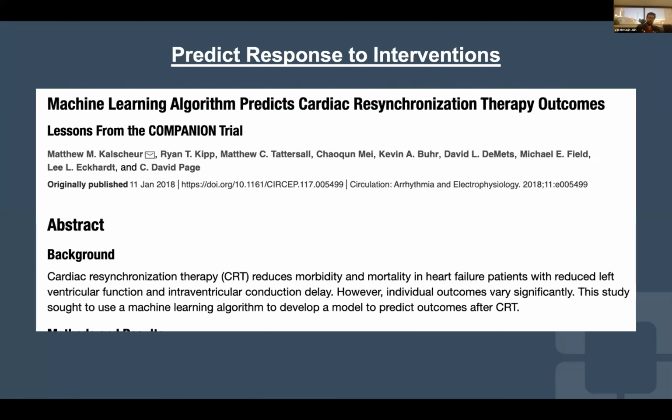Another really interesting thing is how to see whether somebody is going to respond to a therapy or not based on risk factors. Many times we offer therapies to patients just based on guidelines, but we know that all therapies don't work in all patients. This is especially true regarding VFib ablations, CRT device placements, and ICD placements for primary prevention.